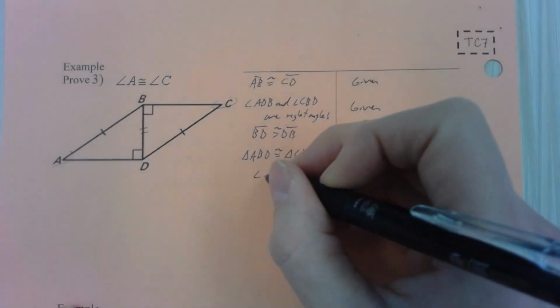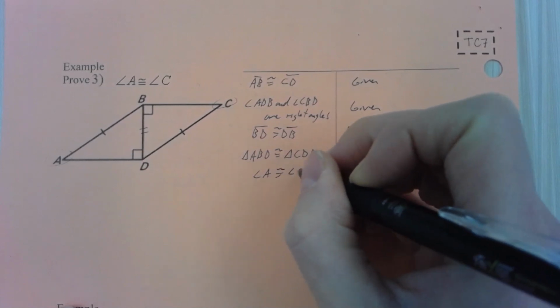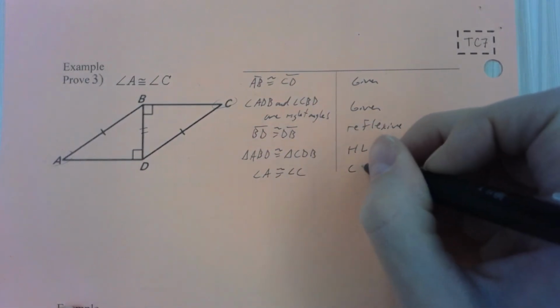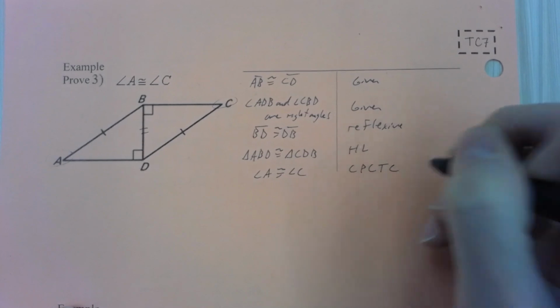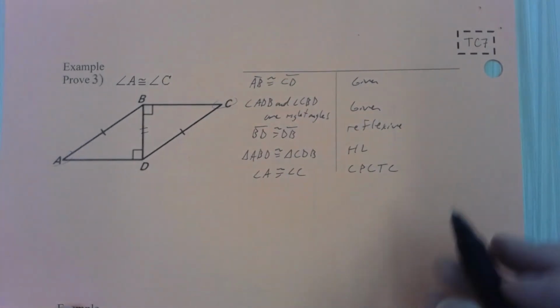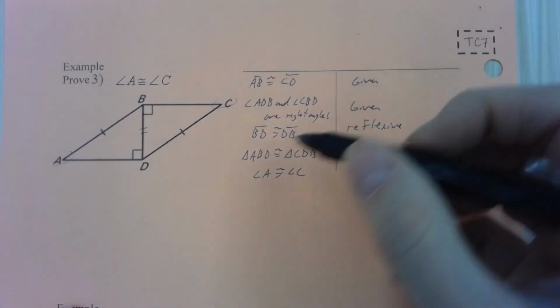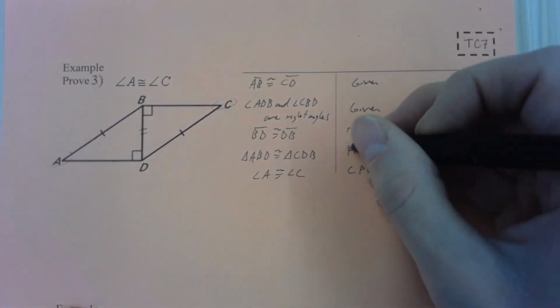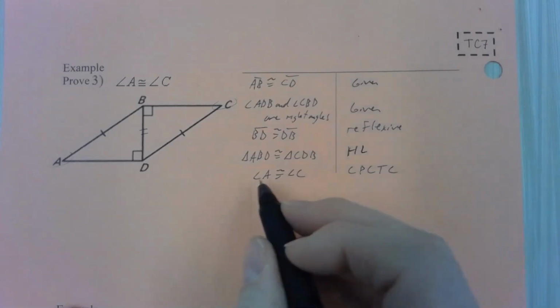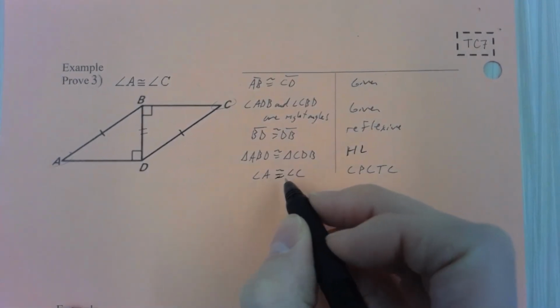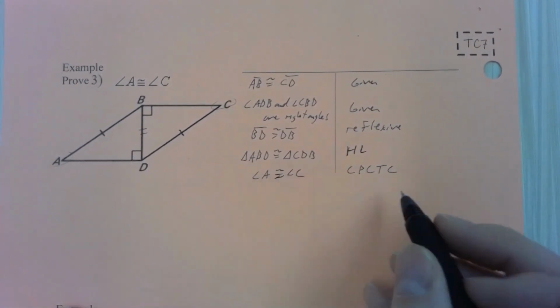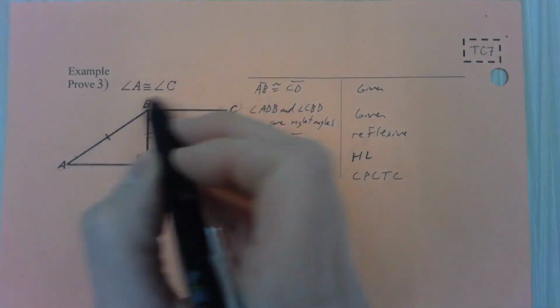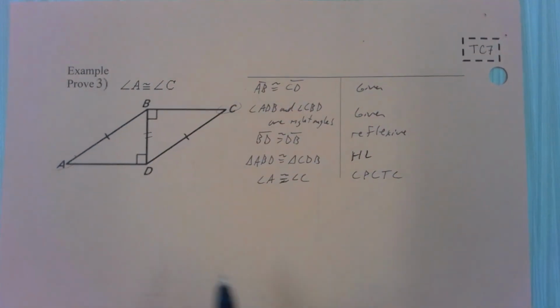That angle A is congruent to angle C by the corresponding parts on congruent triangles are congruent. Okay, so we stated the necessary criteria, showed the triangles are congruent using one of our 5 shortcuts, and then now that we know the triangles are congruent, we say that the corresponding parts are. Always looking to end on what we're trying to prove.